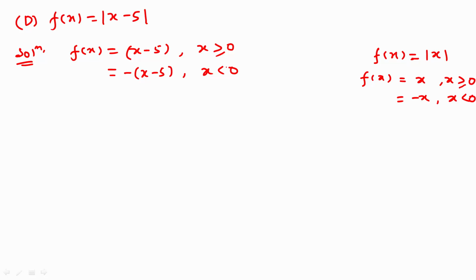Sorry, change 0 and replace 0 with 5, because x minus 5 is equal to 0 when x is equal to 5.